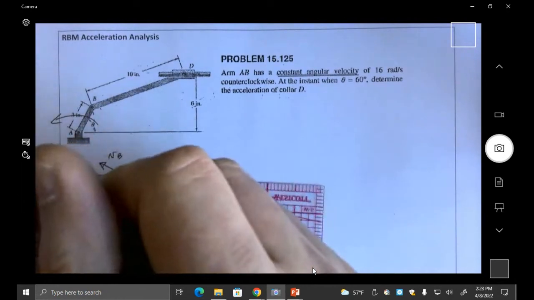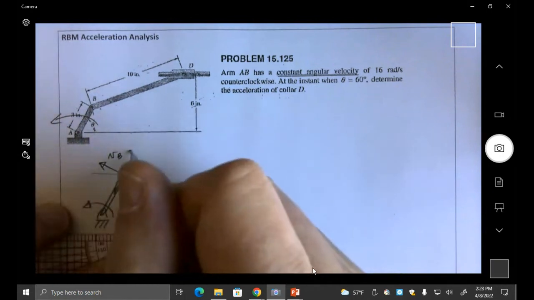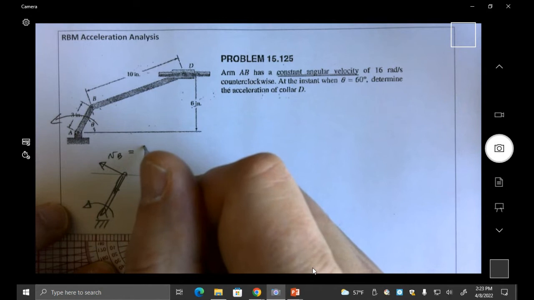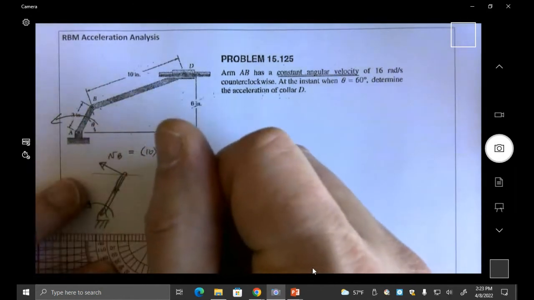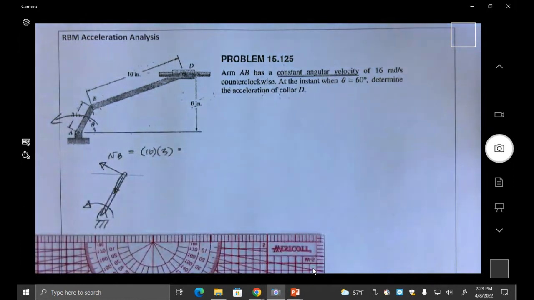So we're going to have a velocity VB going in that way. And VB is going to be equal to 16 times the length, which is 3 inches. And he said that he was going to give it to us, but I said I'm going for it, man.